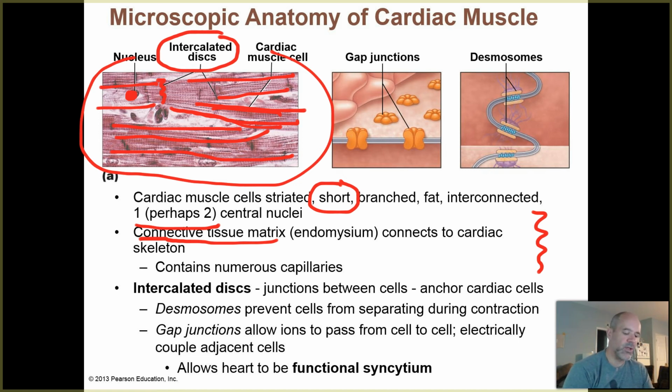And that connective tissue connects to something we call the cardiac skeleton. Those are tougher connective tissues within the heart that help form borders between the atria and the ventricles, and also the big blood vessels that attach into the base of the heart, where all those big blood vessels are connected. Those are composed of connective tissues as well.